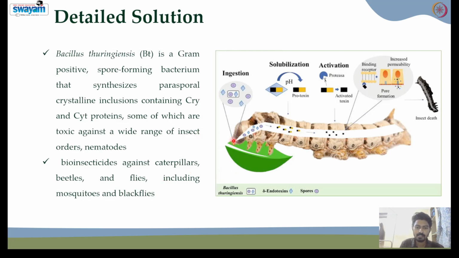So what happens is the leaf, which is from genetically modified Bt crops, has the capacity to synthesize this toxin. Suppose some caterpillar is consuming these leaves, first this toxin will be ingested by the worms, and due to the change in the pH in the gut, the protoxin will be converted into the toxin.